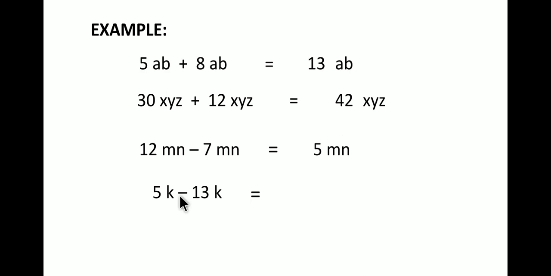So 5k and 13k, when you subtract 5 and 13, you get the answer as 8, and we write the variable k, 8k, and we write the sign of the greater number. So over here, the greater number is 13 and its sign is minus, so we write down minus 8k as the answer. So this is how we treat the like terms.